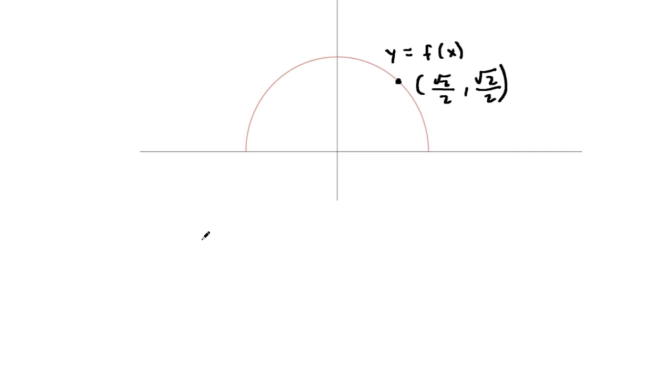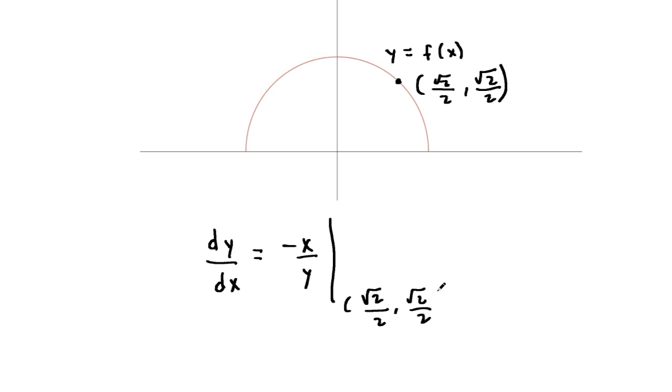The derivative is given by negative x over y, and we want to find the derivative at that point, square root of 2 over 2, square root of 2 over 2.